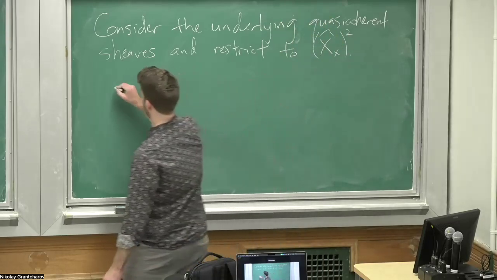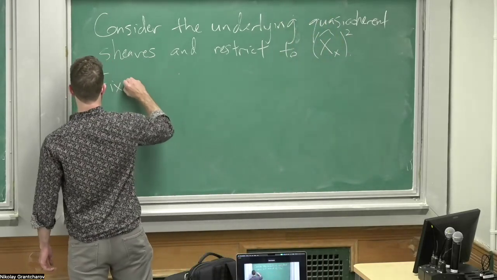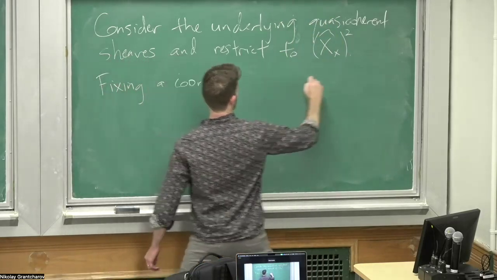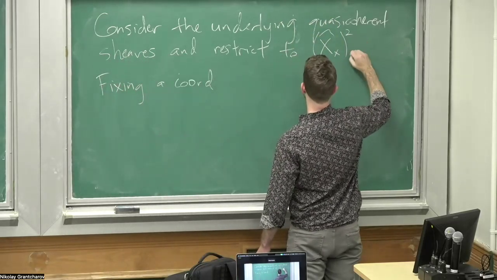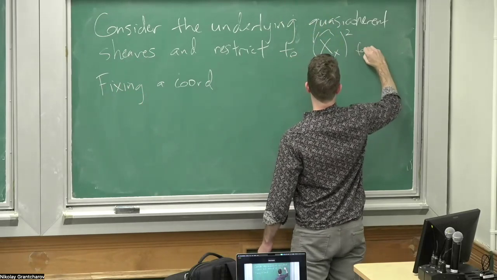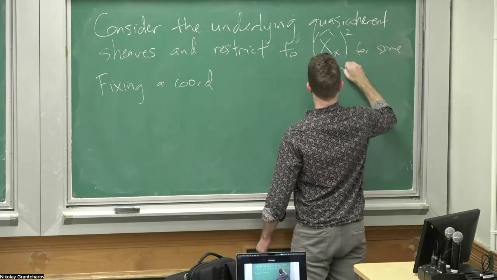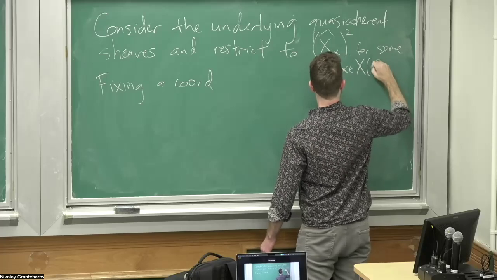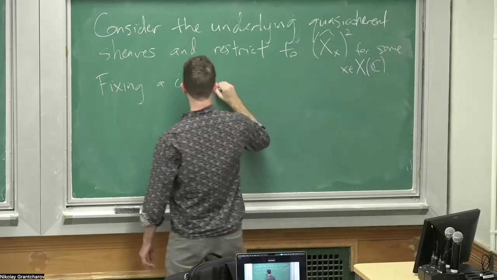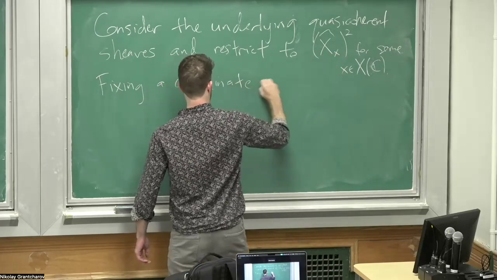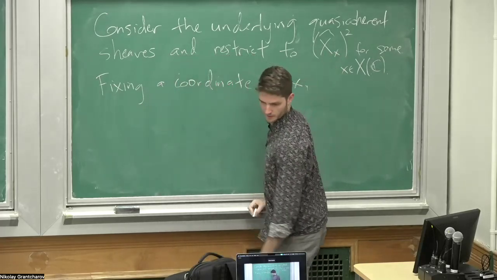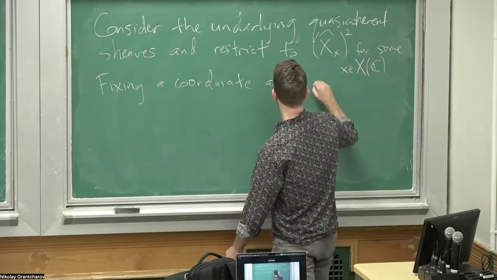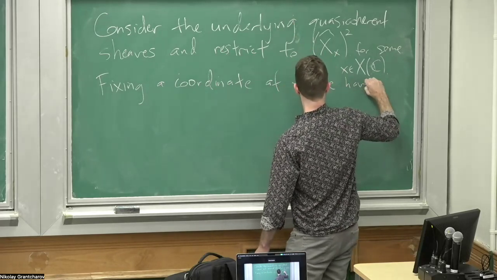Okay. So if I fix a coordinate at my point X, I can write the two sides of this thing, or rather their restriction, in coordinates.